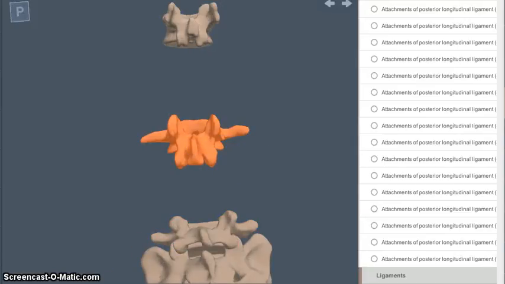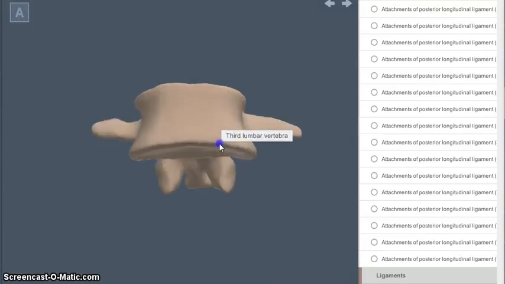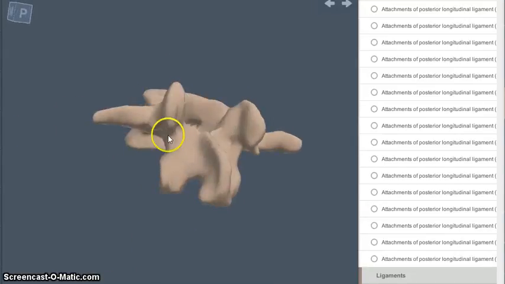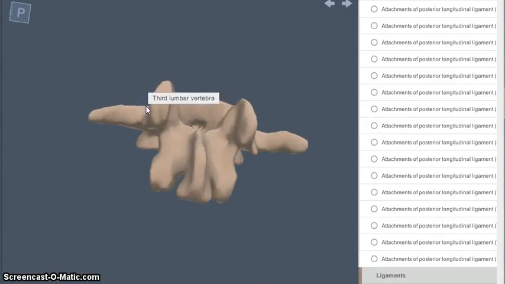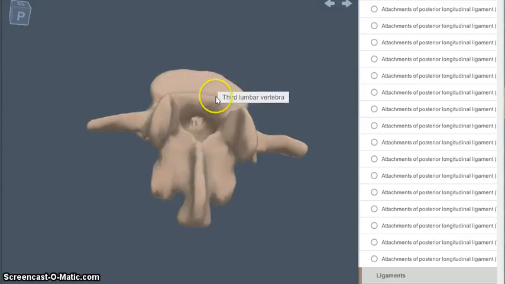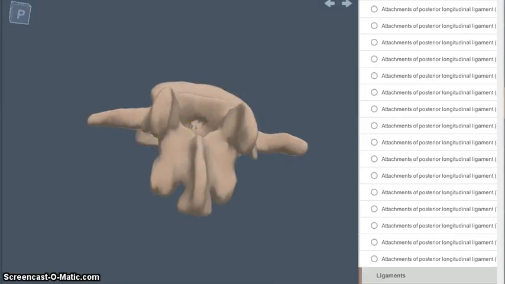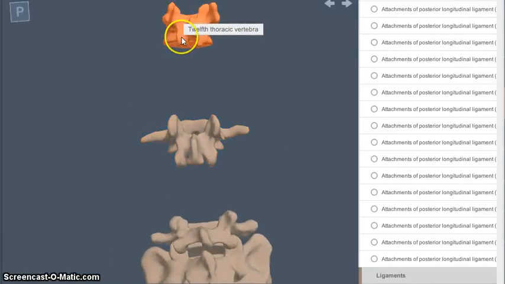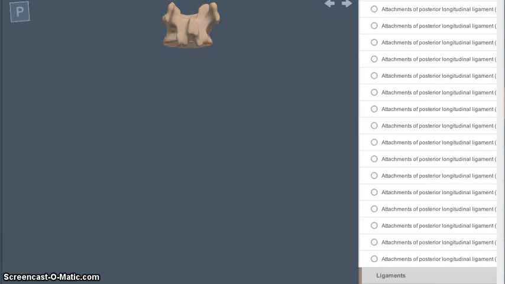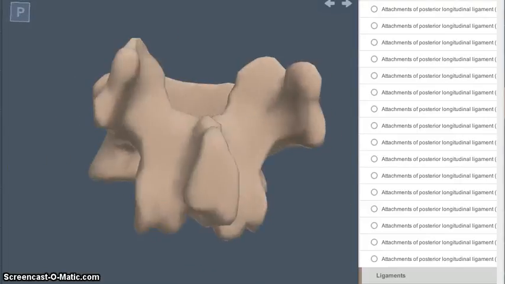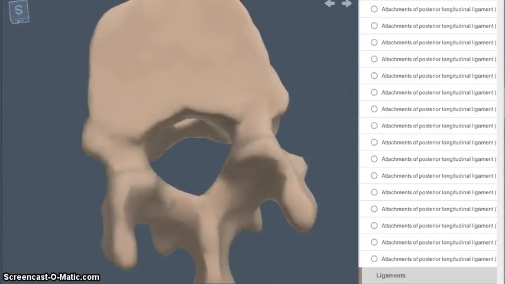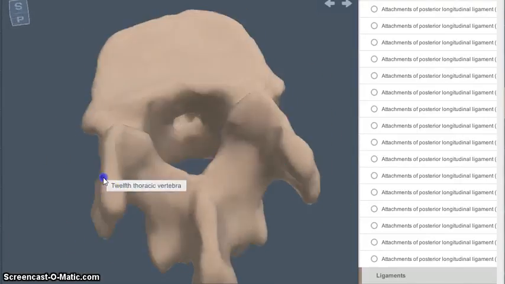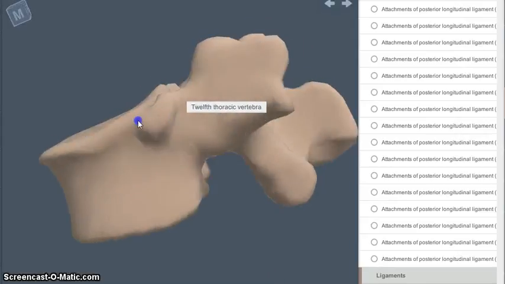If we look back at the third lumbar vertebrae, you're going to see the fact that these are definitely more sagittally oriented facets, so definitely guide more flexion and extension and don't limit translation quite as much. That will be the job of the ligaments and the disc. And good old T12, if we inspect it, this is the one that's kind of fun because it definitely has different facets at the top and at the bottom.